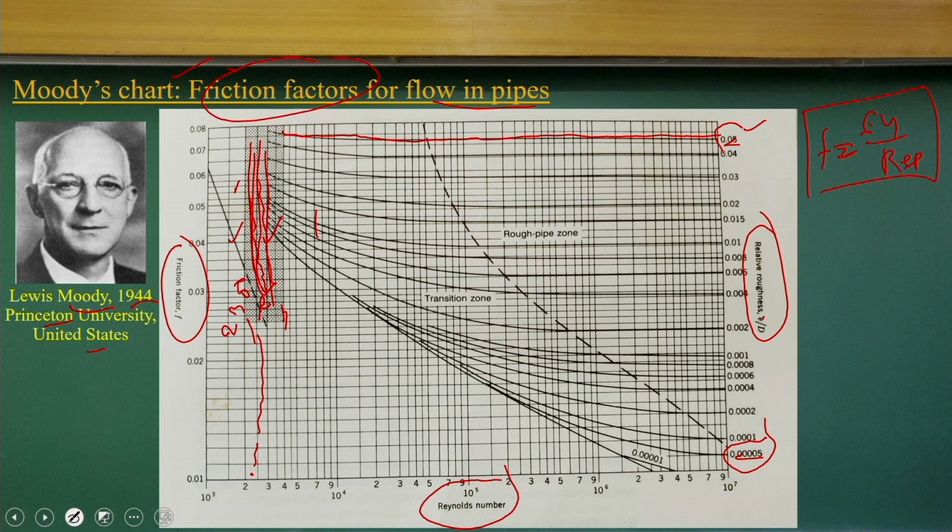Now, if you try to understand it, as you know, the friction factor for turbulent flow is a function of Reynolds number and relative roughness value. If you look at that, the function dependency is there until this point, after which we call it the rough pipe zone.